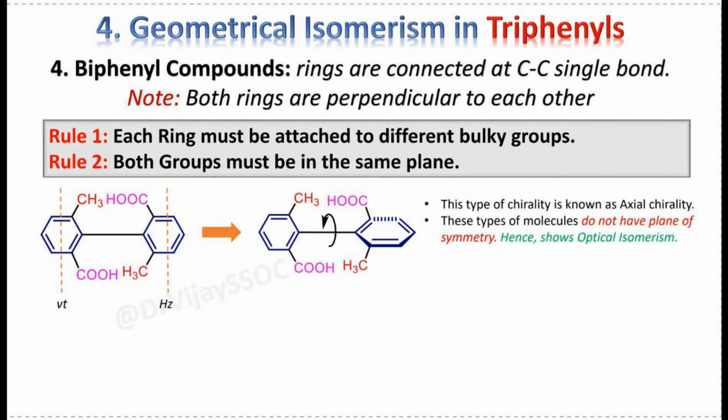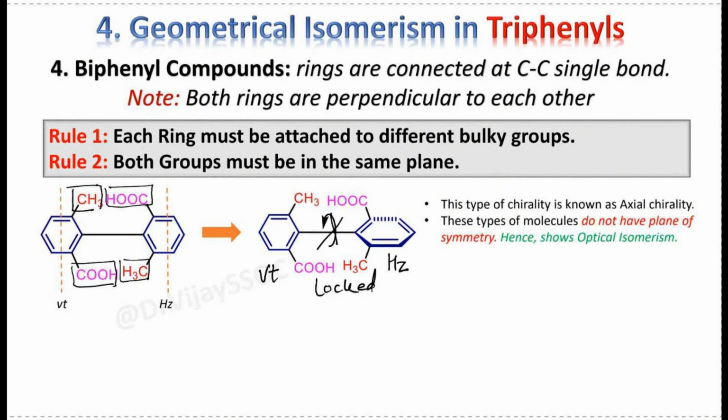Let's say you have this kind of compound where one ring has methyl and carboxylic groups, and the other ring also has different substituents, one carboxylic, another methyl. Due to the presence of this bulky group at the ortho position, this rotation is not possible. So the system will get locked at this position, where one of the rings will be in the horizontal plane and another ring will be in the vertical plane.